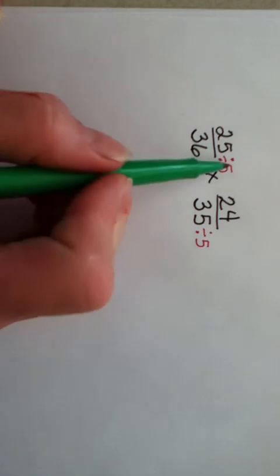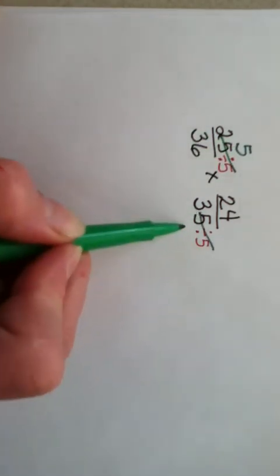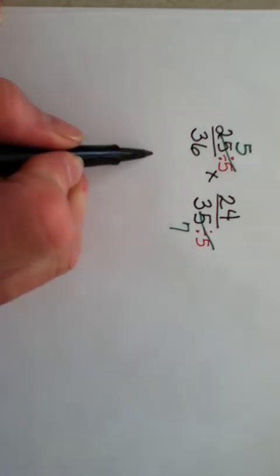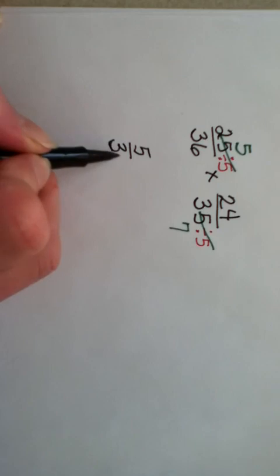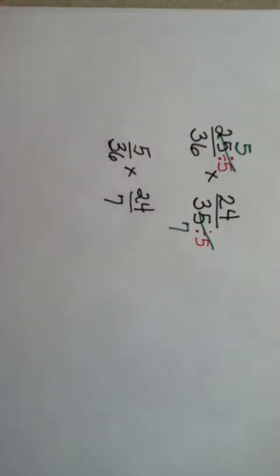25 divided by 5 is 5. 35 divided by 5 is 7. And now I'm looking at 5 over 36 times 24 over 7. And we repeat the process. 24 and 36. Can I divide both of those numbers by something?